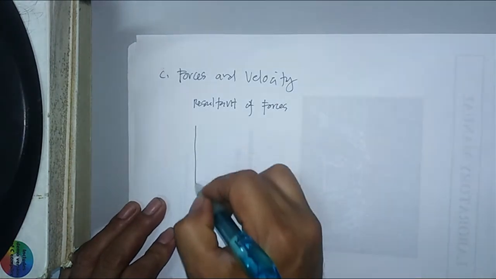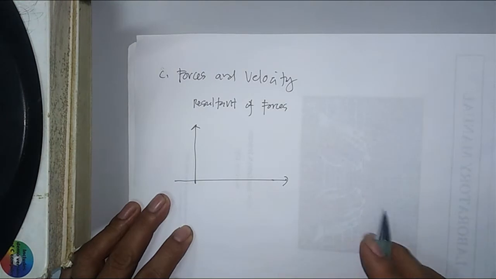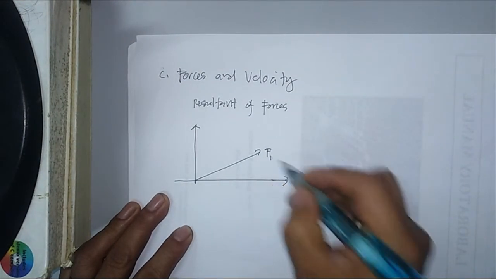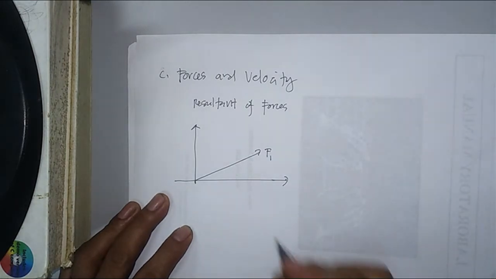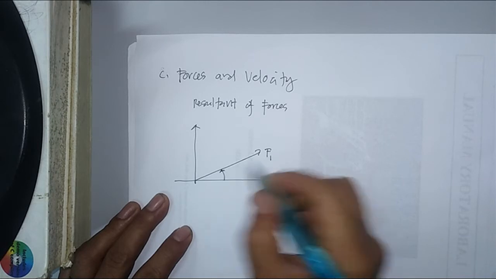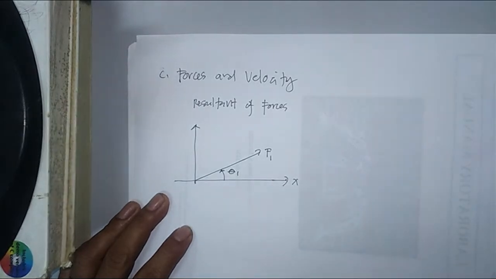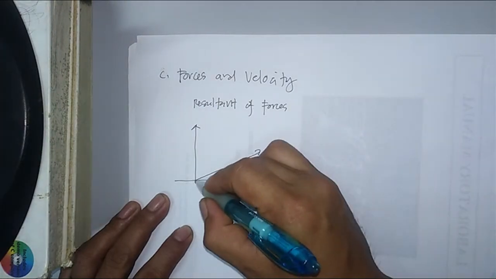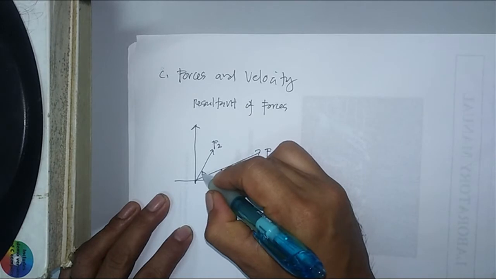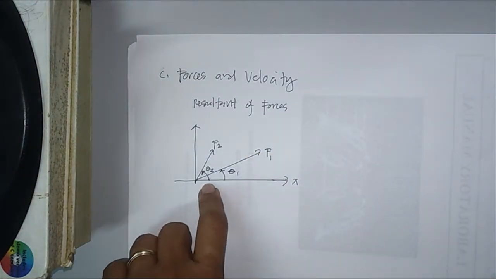Going back to your physics subject, if I have here my force F1, I will label this as force F1, and the angle of force F1 from the x-axis, let's label this as theta 1. Another force, which we will label as force F2, and from the x-axis, we have theta 2.